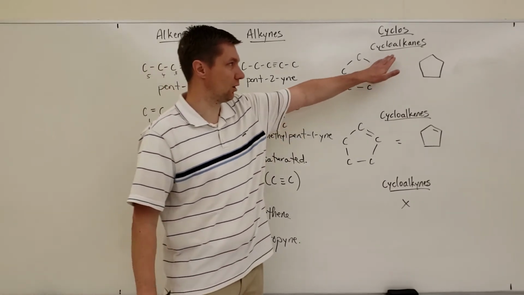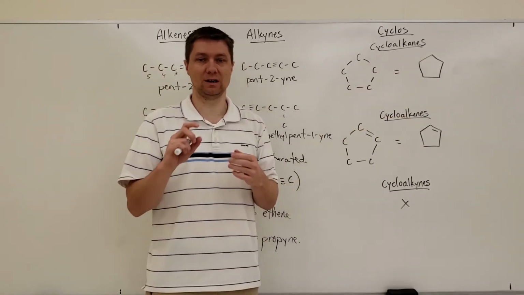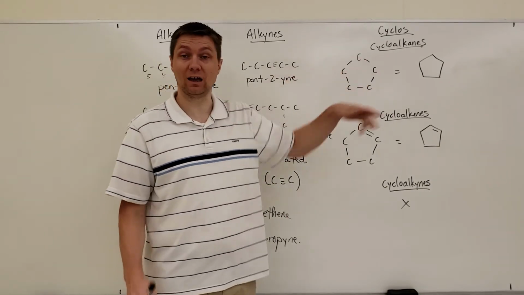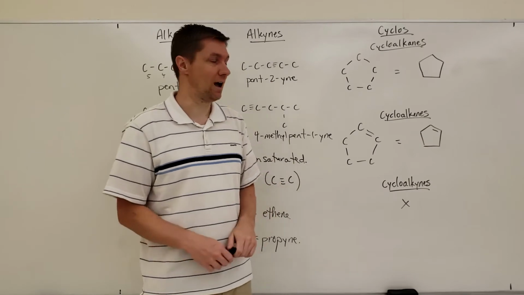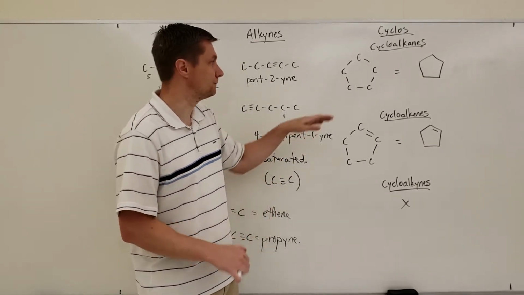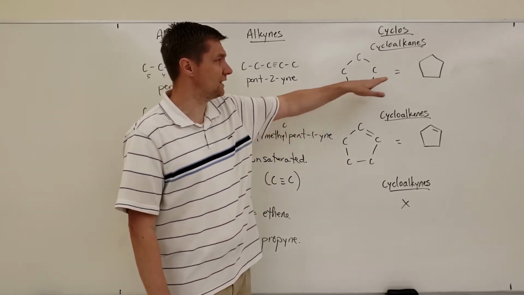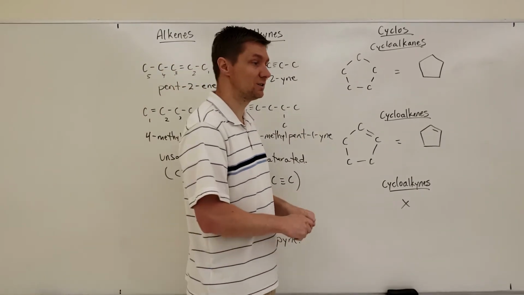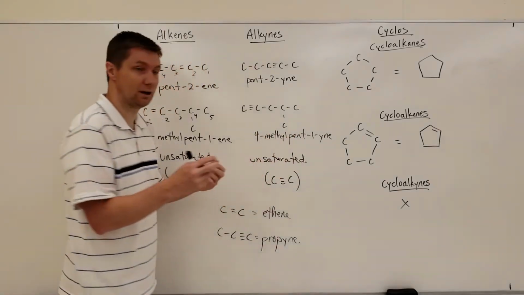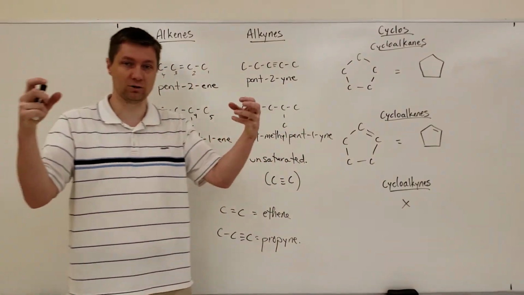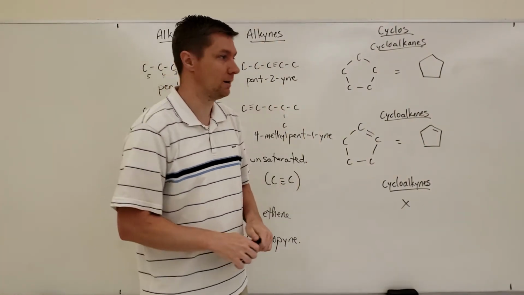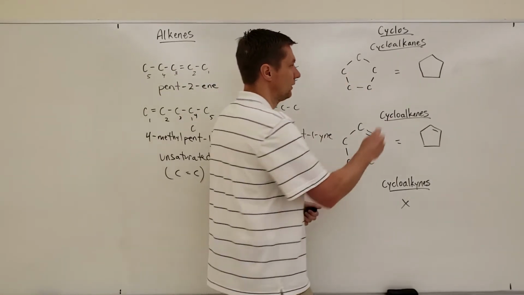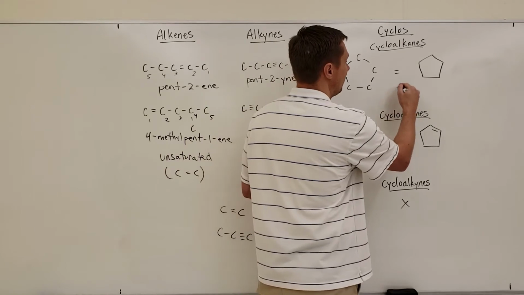Now these guys here are called cycloalkanes, and it's because they have only carbon-carbon single bonds. That means cycloalkanes are saturated, and yes, they are aliphatic because they don't contain benzene. And so this guy's name right here is pentane again, but to distinguish it from the regular chain of pentane, which is just 5 carbons long, not connected at either end, this guy has to have a slightly different name.